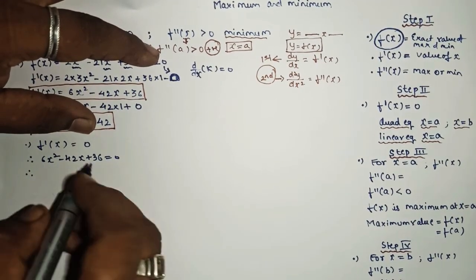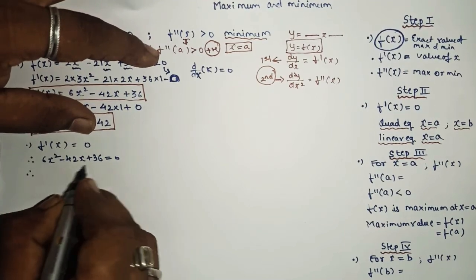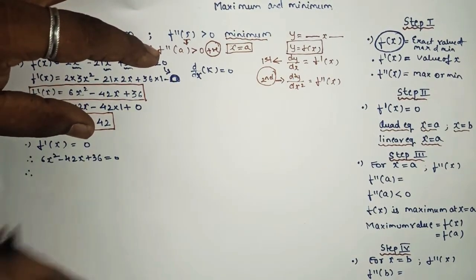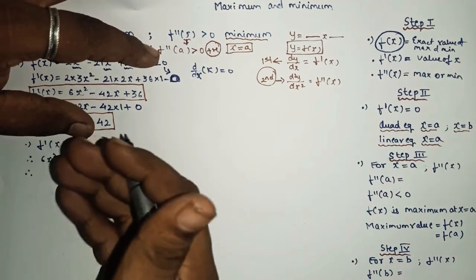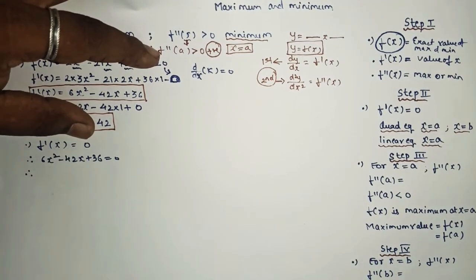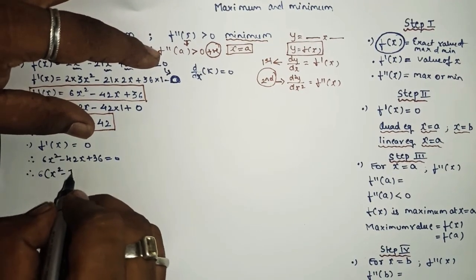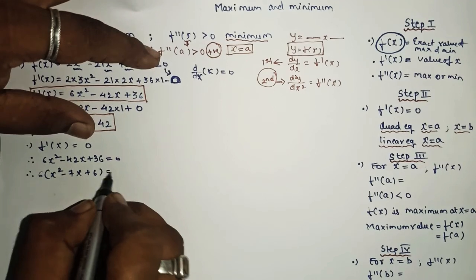So just check here, clearly we can see that 6 is common. First reduce the terms and then solve, so it will be easy for you all to find the answer for x. So here 6 is common, so inside the bracket you will get x square minus 7x plus 6 equal to 0.